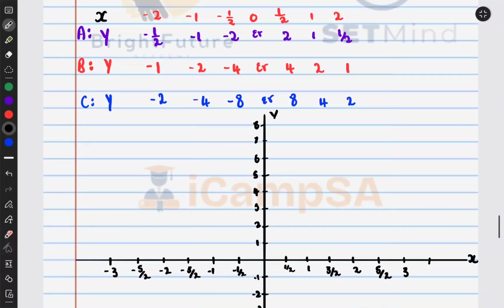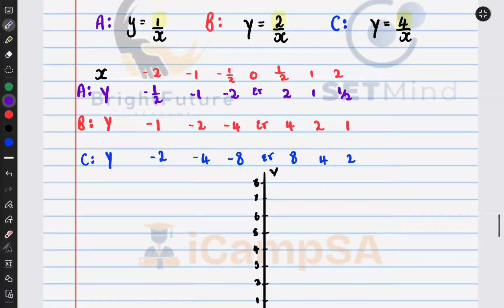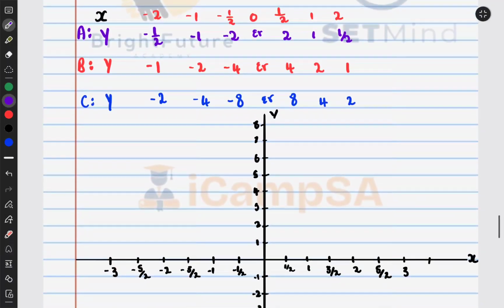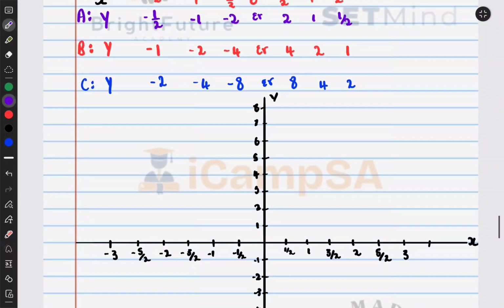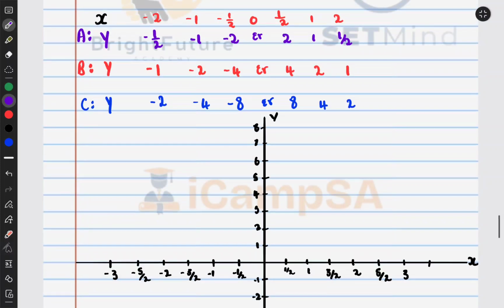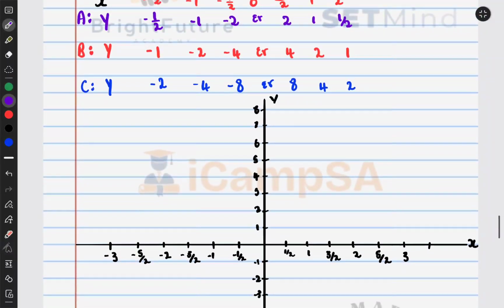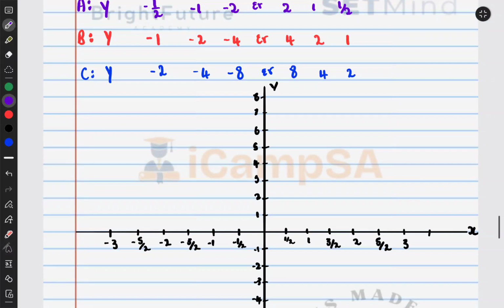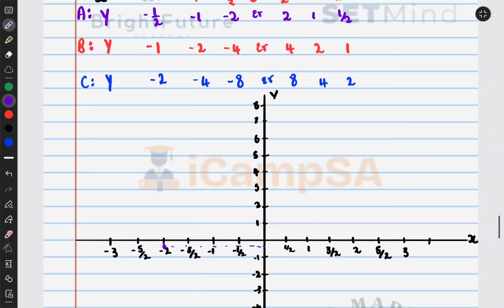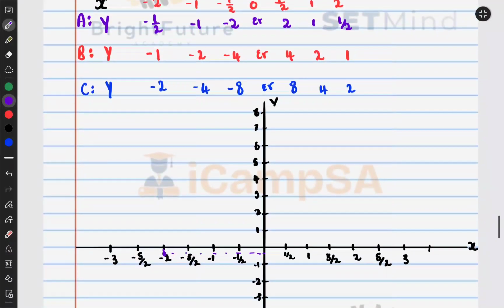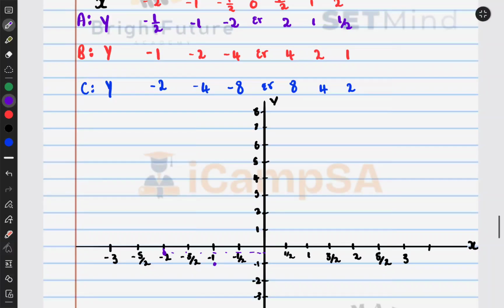Let's go ahead and start plotting our points for the first function of a. So function of a is basically the mother function, where x is -2, y is half. So here y is half, so that's the first point. And then where x is -1, y is -1, so it's here.